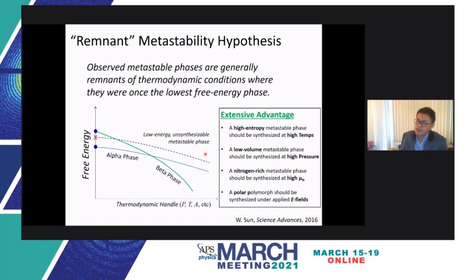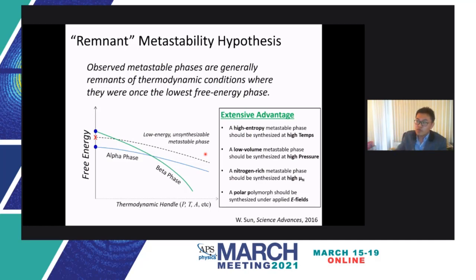Use the intensive conjugate variable to the extensive advantage of your target material. If you want to synthesize a low volume polymorph, you should use high pressure. These two are kind of obvious, right? But if you want to synthesize a nitrogen-rich metastable nitride, you should use the intensive conjugate variable, which is high nitrogen chemical potential. If you want to synthesize a polar polymorph, you should synthesize it under applied electric fields.